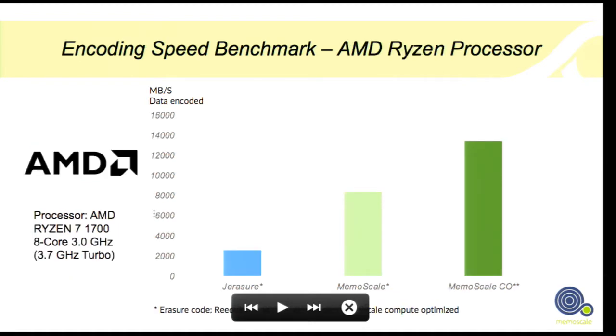Here are the results for the Ryzen. It's a bit over 2 gigabytes for Jerasure. With the Memoscale Reed-Solomon, we are at 8, and with the compute-optimized code, we are at 13, approaching 14. We will of course also optimize for the Naples processor when that arrives, and I think it's supposed to arrive later this quarter.